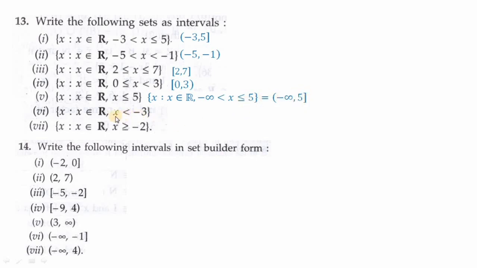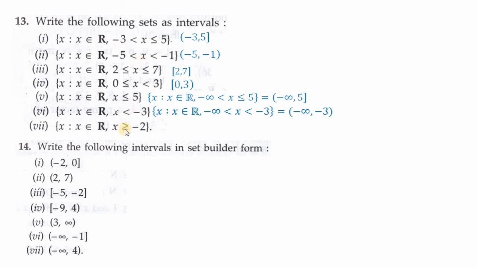Similarly, here we don't have the lower bound, we have only the upper bound, isn't it? So here also we'll write the lower bound as minus infinity, and this becomes the open interval minus infinity comma minus 3. Now here the sign is given in reversed order, but we have less than or less than or equal to, isn't it?